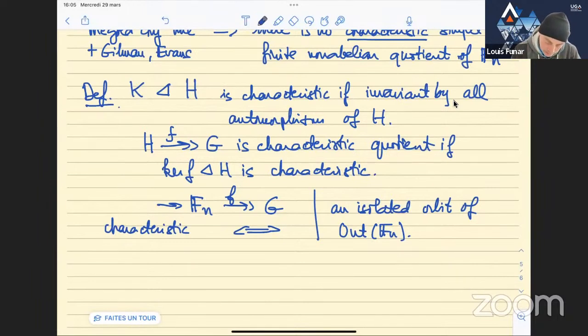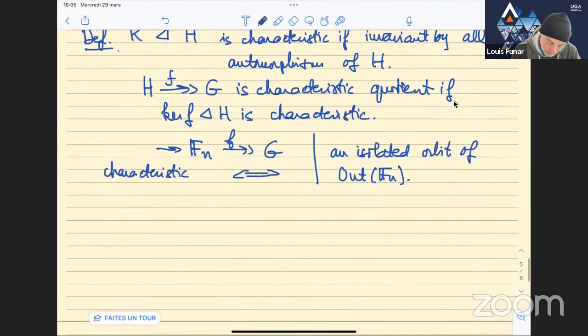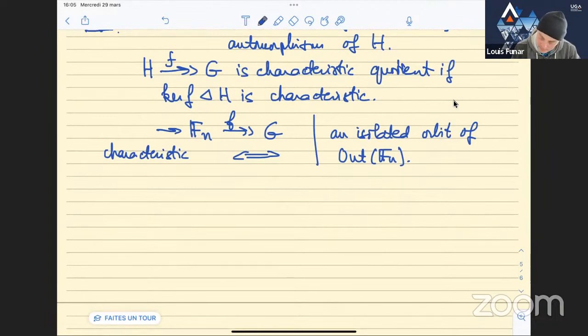Now we have a number of conjectures about that, which were made by Lubotzky.